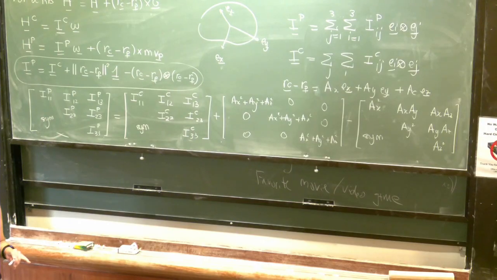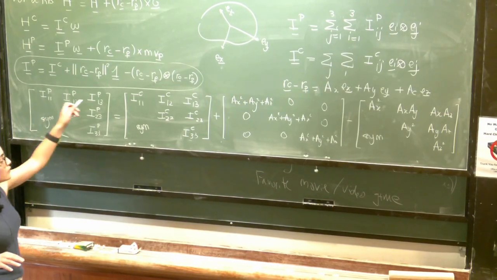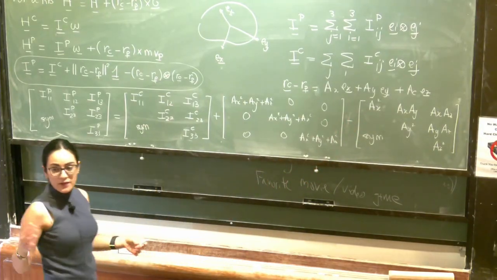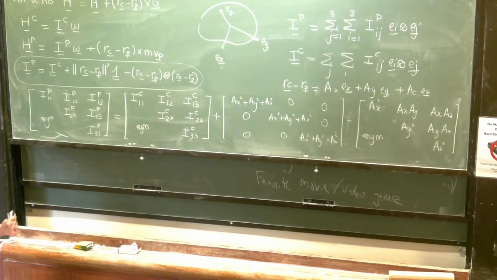Show me with your fingers how many scalar equations I can read off of this. So this term is equal to this plus this plus this, right? So you can say 6 or 9, and then 3 of them are the same, so 6 independent equations, okay?